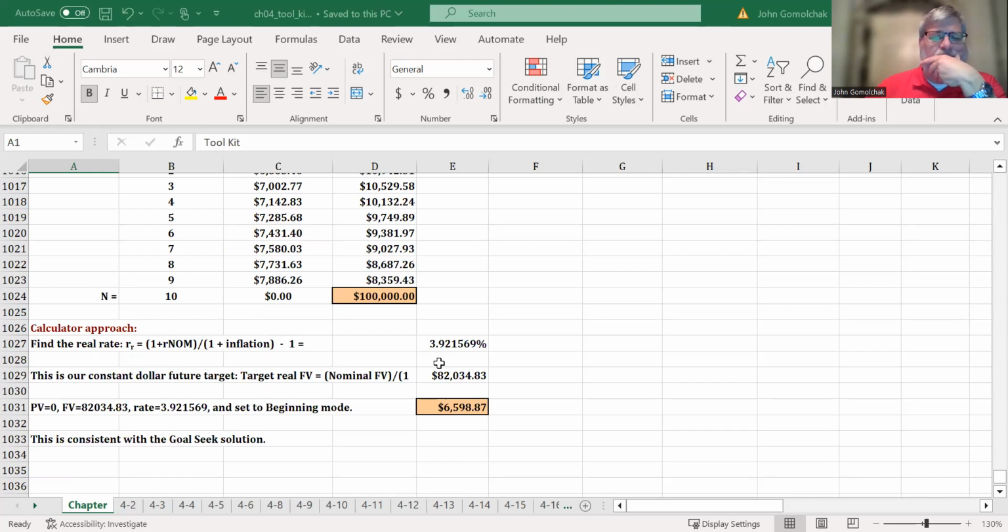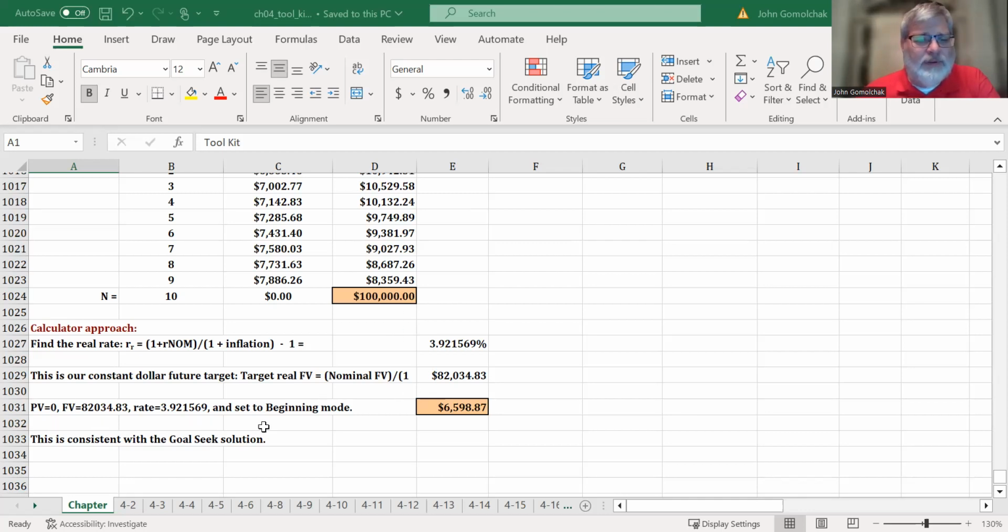Okay, so here's our interest rate. Constant dollar figure target. So future value would be the nominal value. We're looking for a future value of $82,000, but that's the present value of 100,000, I believe.